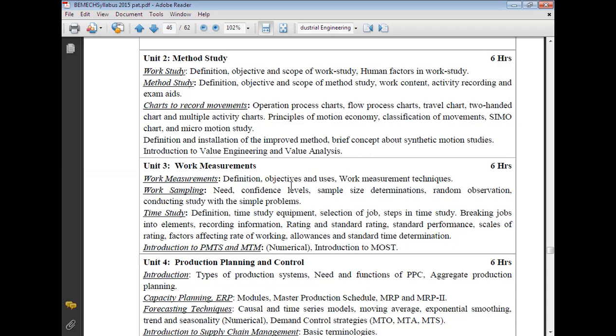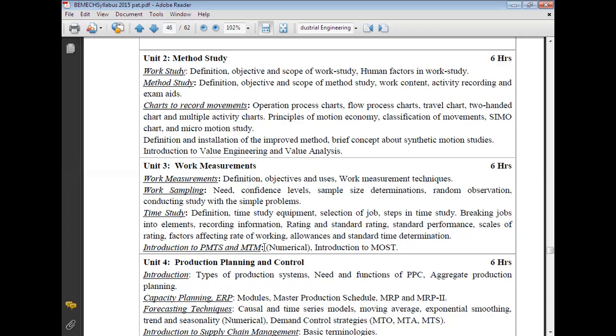Next, time study. In the time study, we will see its definition, time study equipment, selection of job, steps in the time study, breaking jobs into elements, recording of the information, rating, and standard rating, standard performances, scales of the ratings, factors which are affecting the rate of working, allowances, and standard time determination we will be discussing.